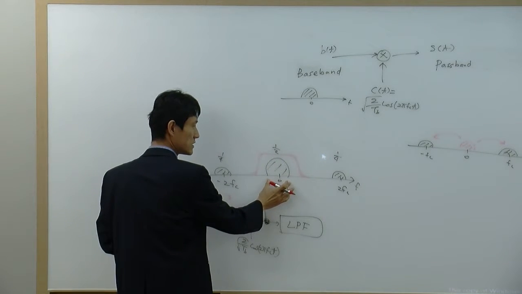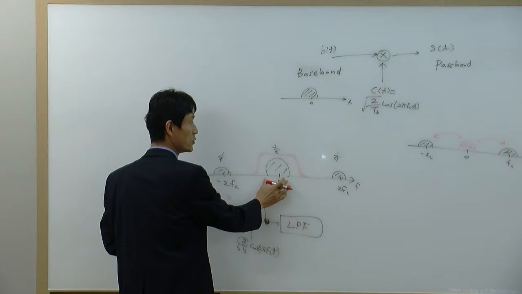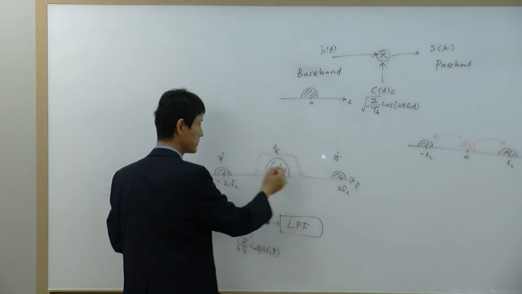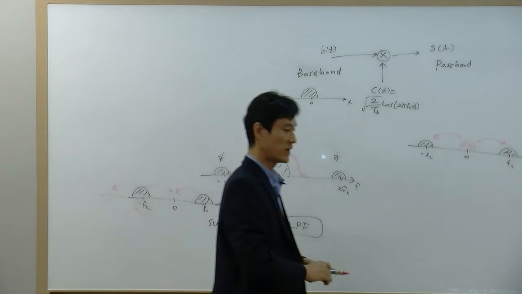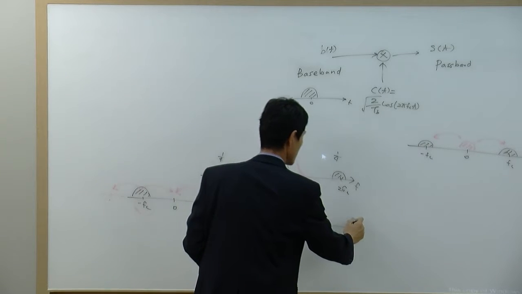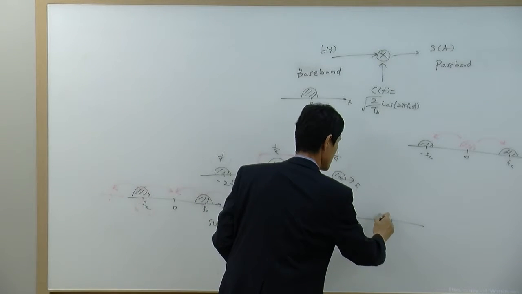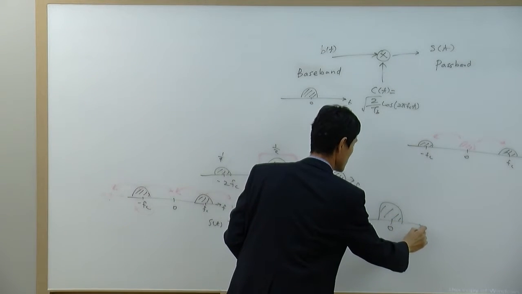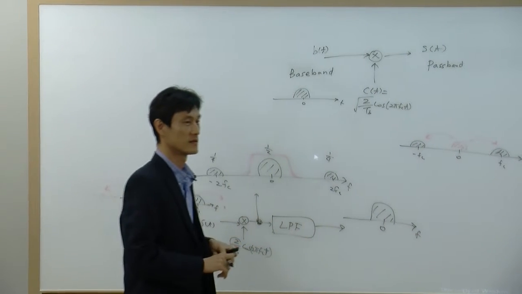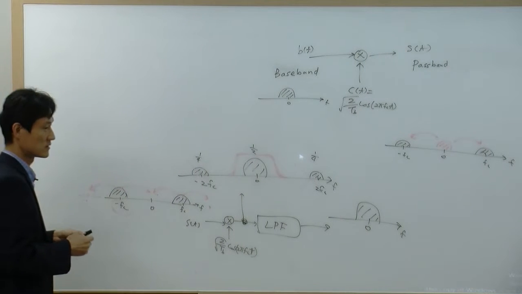So your signal in baseband will pass, no problem. This will be dropped. So eventually, after the low pass filter, what's going to be the output? Now you're going to get this as the output, which should be the same as this. Okay, that's the whole process.